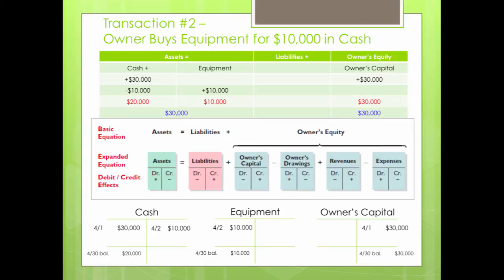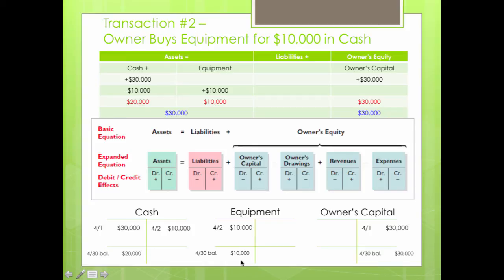You continue with the recording process. And then you will determine the balance of each of the T accounts by adding each side, the debits and the credits, and recording the account balance on the side that is the largest. So in this case, we have $30,000 in debits and $10,000 in credits. Subtracting those two amounts gives $20,000, a positive $20,000, so we keep the account balance on the debit side.